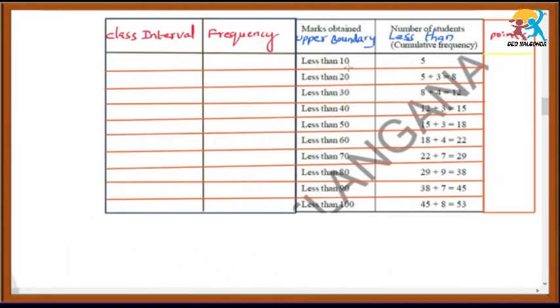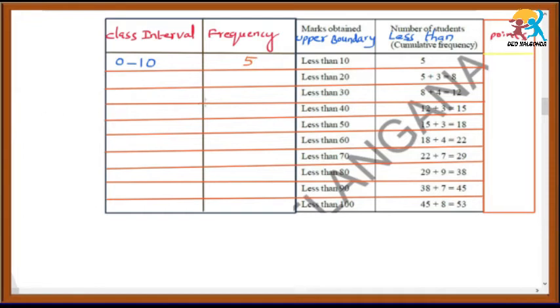So let us observe the new question. See this, the difference between the upper boundaries is 10, so the class interval will be 0 to 10 first, and we should write the frequency. Below 10 marks the number of students is 5. So in the place of frequency we can write 5.